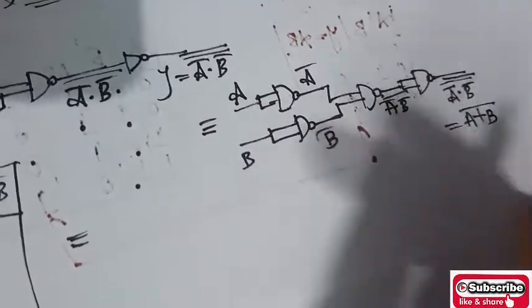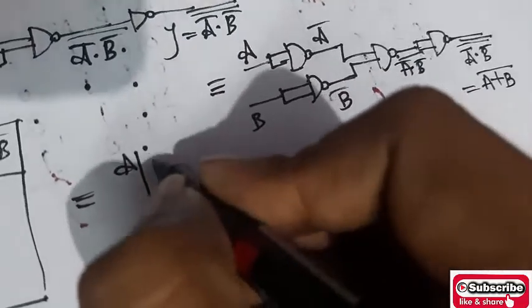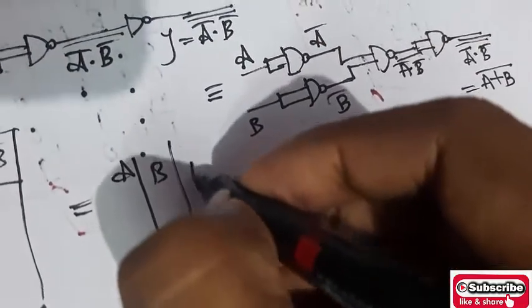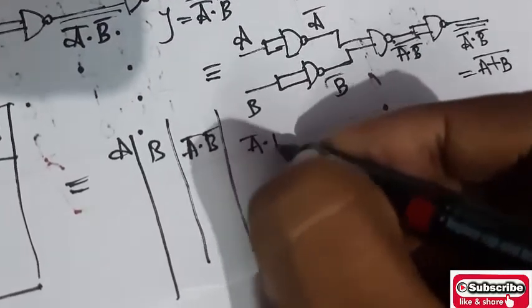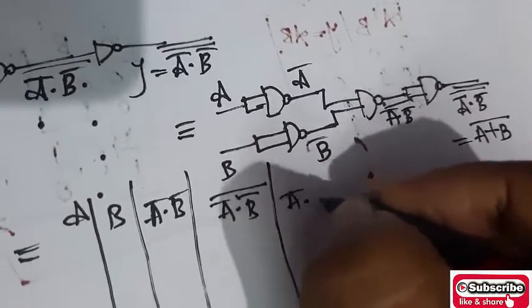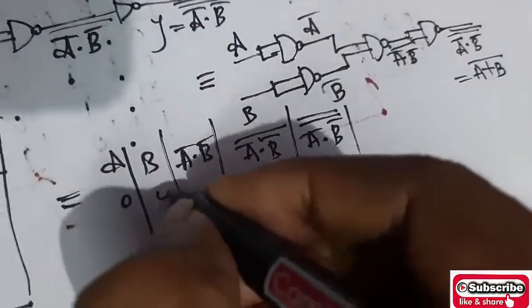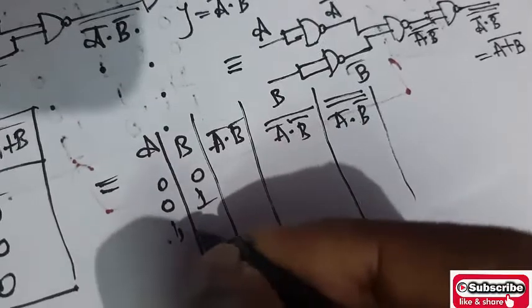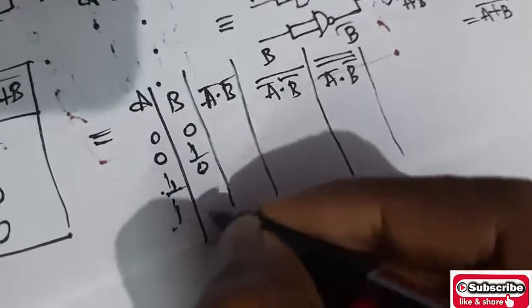Let's see the truth table for our hardware structure. You will get A, B, A bar dot B bar, A bar dot B bar whole bar, A bar dot B bar double bar. 0 0, 0 1, 1 0, 1 1.